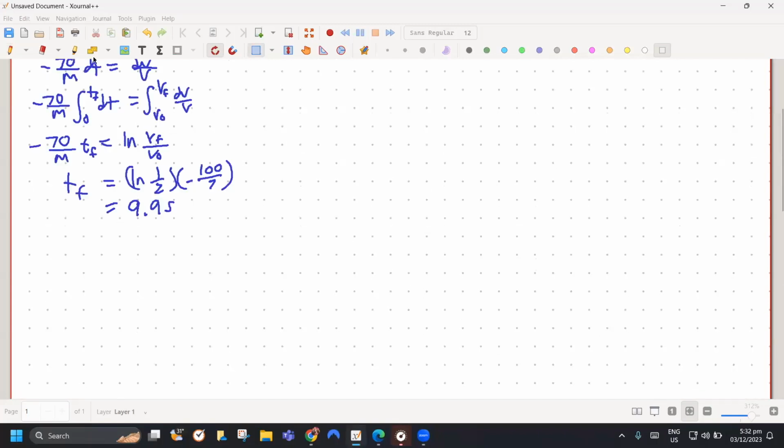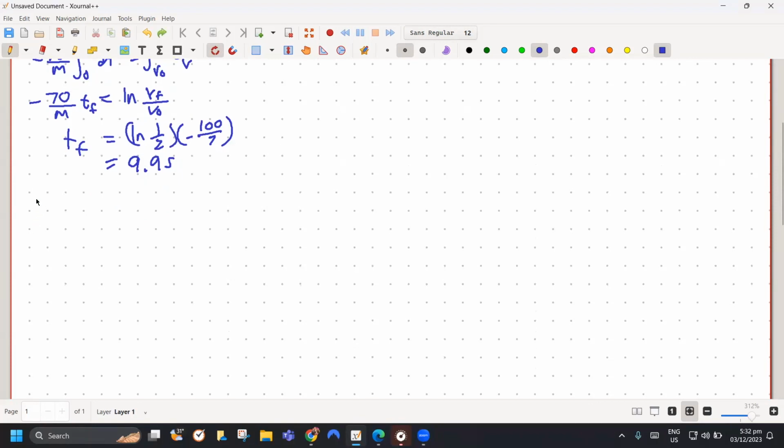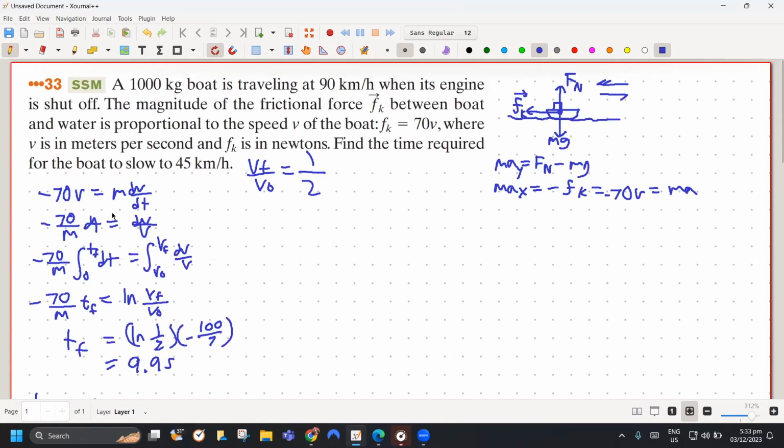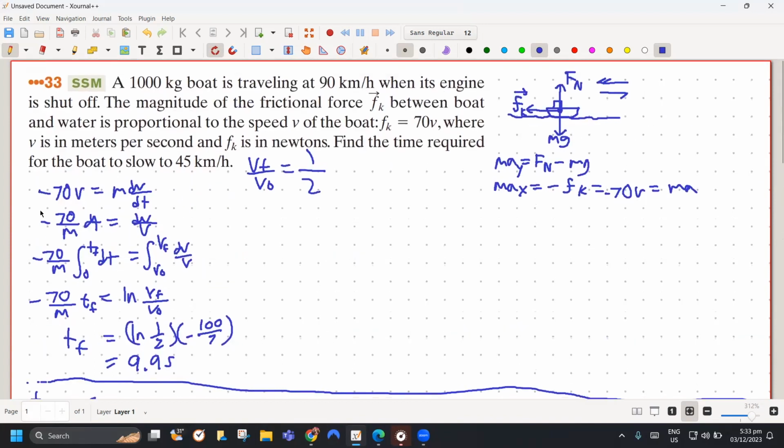D square y. Iwanan natin as beta na lang yan.